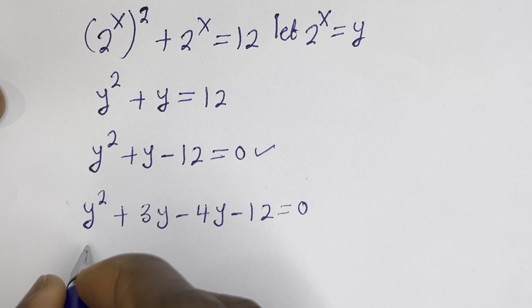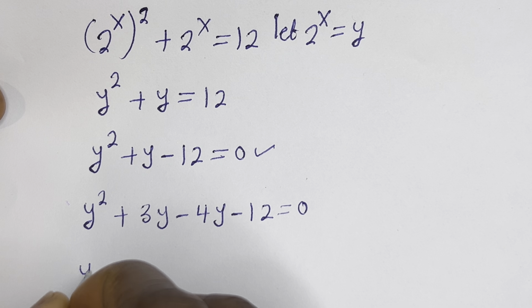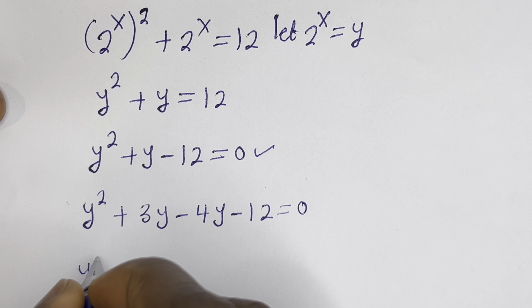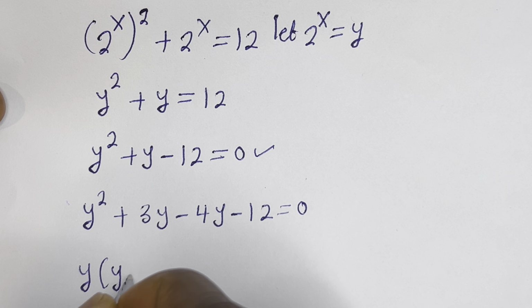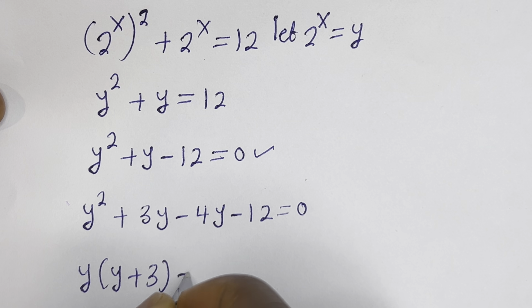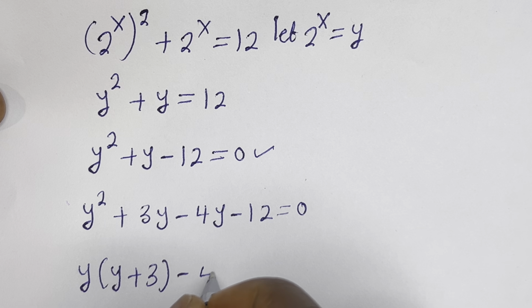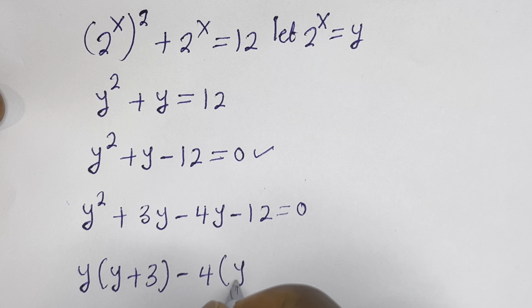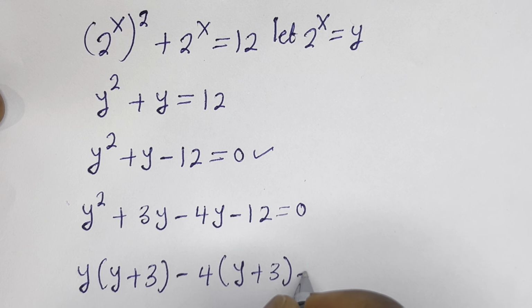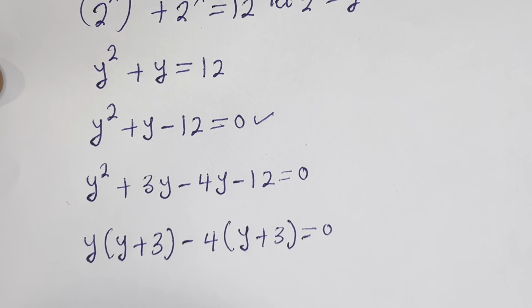Then this is y bracket y plus 3 minus 4 bracket y plus 3 is equal to 0.